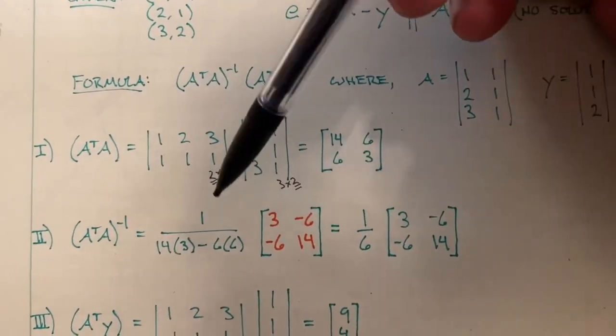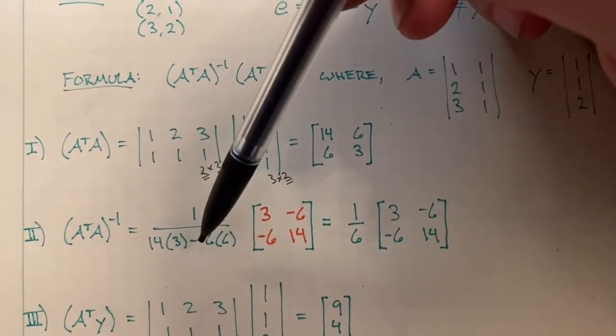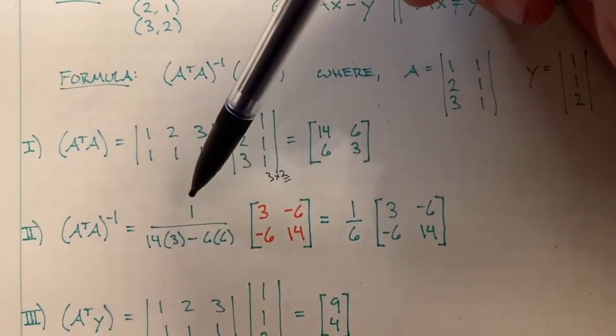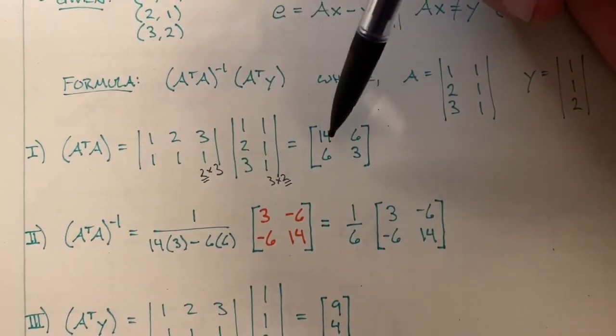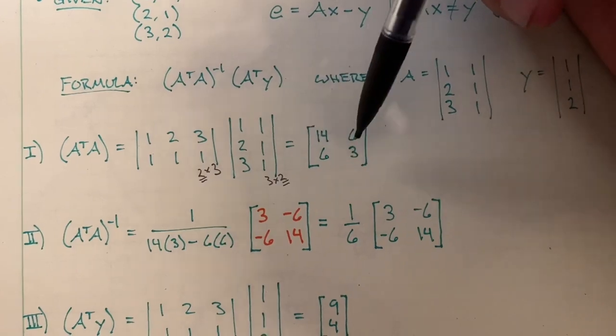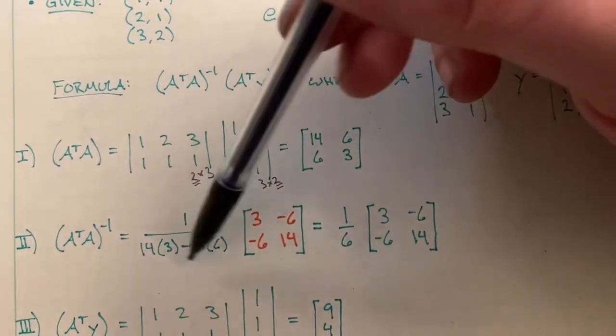In order to do this, we need to carry out a 1 over determinant operation first. So let's put our 1 over our determinant, which is 14 times 3 minus 6 times 6. So that's all squared away right here.